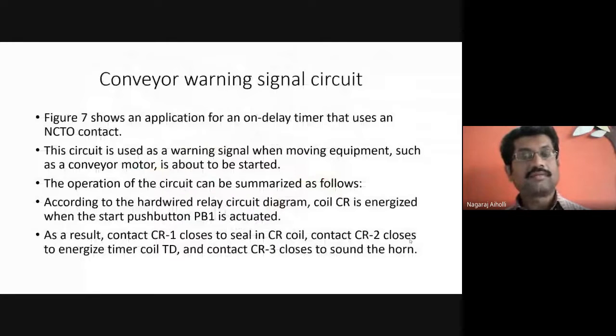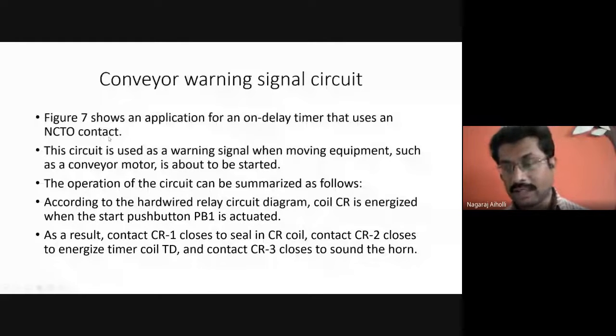Then one more interesting example, the conveyor warning signal circuit. Let us look into the circuit details. The next figure shows an application for an on delay timer that uses an NCTO contact. It is an application of an on delay timer only, but it makes use of an NCTO contact.